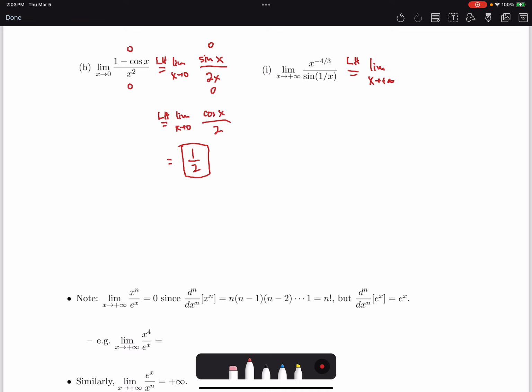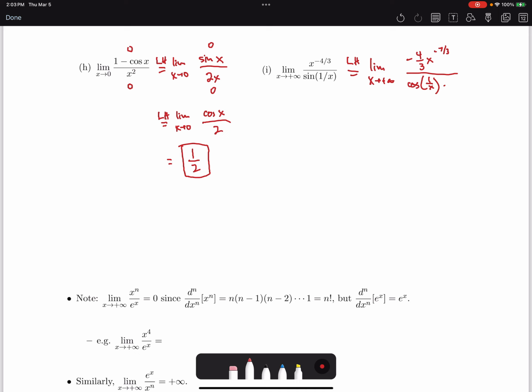The derivative of that numerator is going to be negative 4/3 x to the negative 7/3, right? Negative 4/3 minus 1. Okay, and the derivative of the denominator, let's see, that's going to have to be cosine of 1 over x times the derivative of 1 over x.